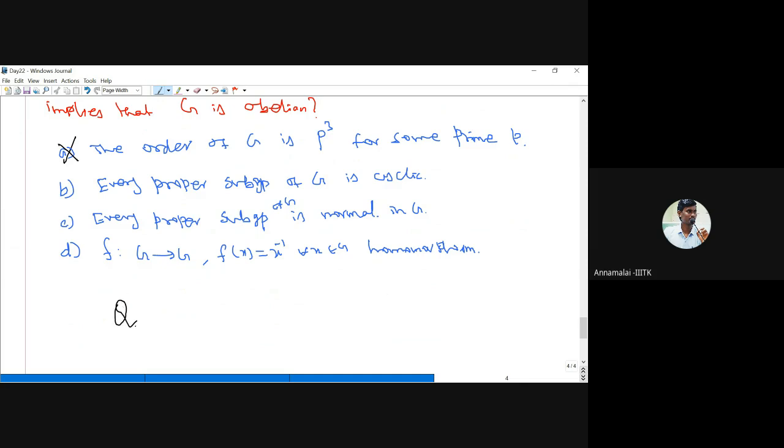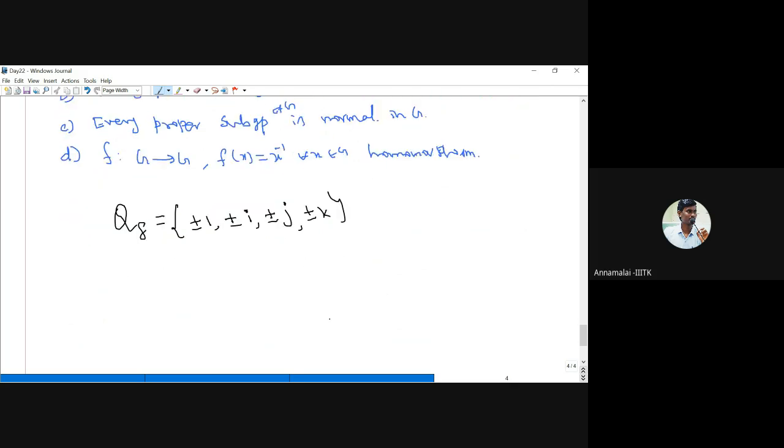The quaternion group. So you take Q8. Q8 is nothing but plus or minus 1, plus or minus I, plus or minus J, plus or minus K. It contains 8 elements, and the identity element is 1.